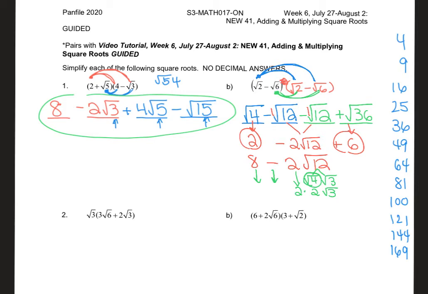This is where those templates are very helpful because what you start with, what you have, it all is there and you don't want to lose anything. So I just work left to right and I make arrows for everything that is not being used at the moment, but I still need. So I end up with 8 minus 4 root 3. And that is my answer.